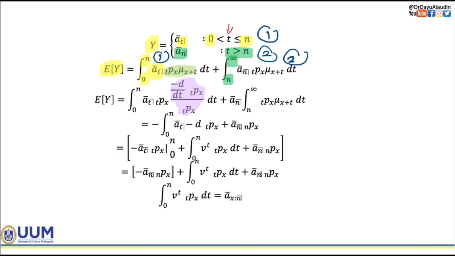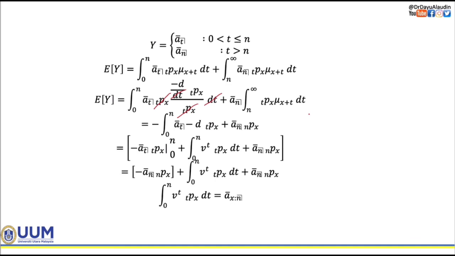Then we cancel out the dt and we get this one. And for this one, since it survives more than N years, what we are left with here is npx.